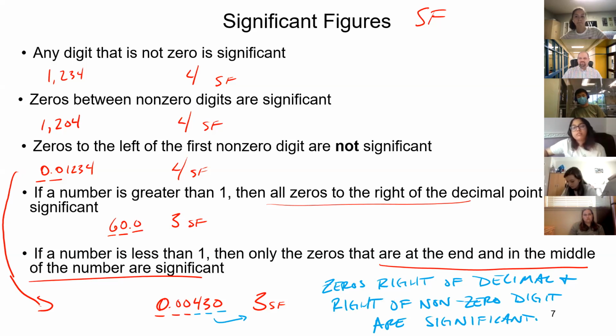Question. Yes, sir. So if somebody has 6.000, it'll be 4. Absolutely, 4 sig figs. What you're doing when you write 6.000 is saying, I measured it, and it's not 6.0, it's not 6.00, it's 6.000. I measured it that far.